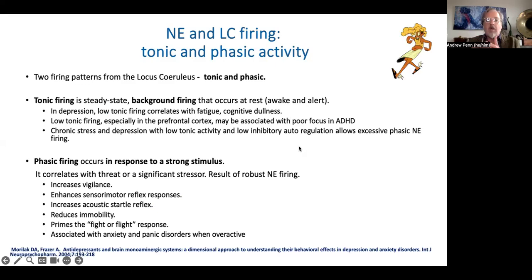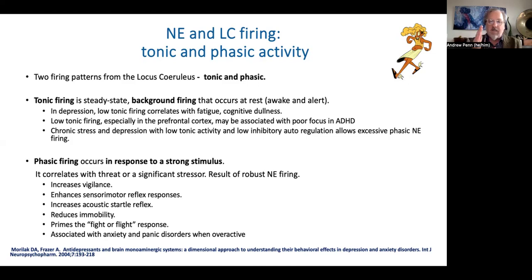A little finer point on how norepinephrine fires at the locus ceruleus. We've got two different patterns that are happening. One is that you've got to remember that these receptors are not just off until a neurotransmitter or some other agonist comes and activates it. That receptor always has a certain degree of what is called tonic firing.